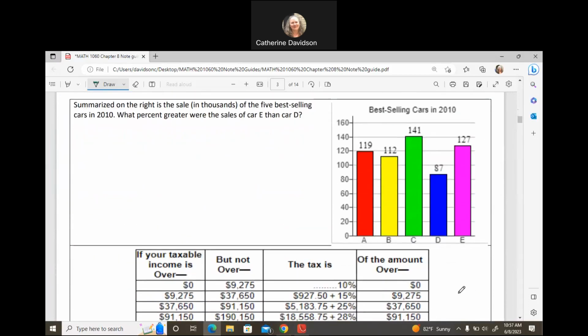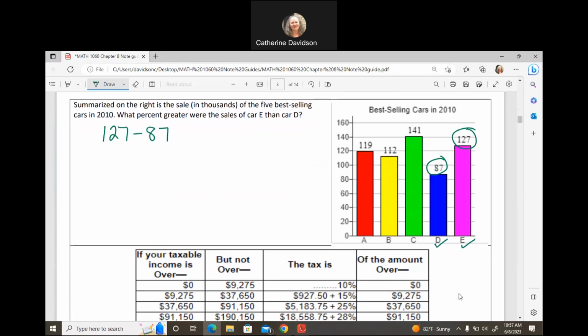Summarized on the right is the sale in thousands of the 5 best-selling cars in 2010. What percent greater were the sales of car E than car D? So we're comparing these two. This is greater percent increase. So the 127 is going to be the new.